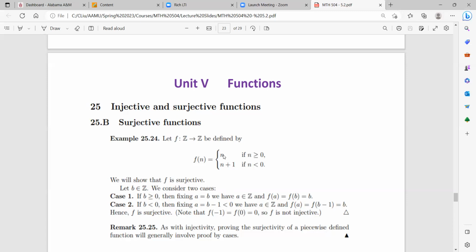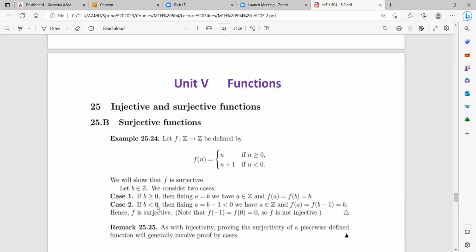So f of a equals a, but a is equal to b, so it's just equal to b. And obviously this a is in Z. So we have shown that when an element in the codomain is non-negative, you can always find a pre-image from the domain Z.